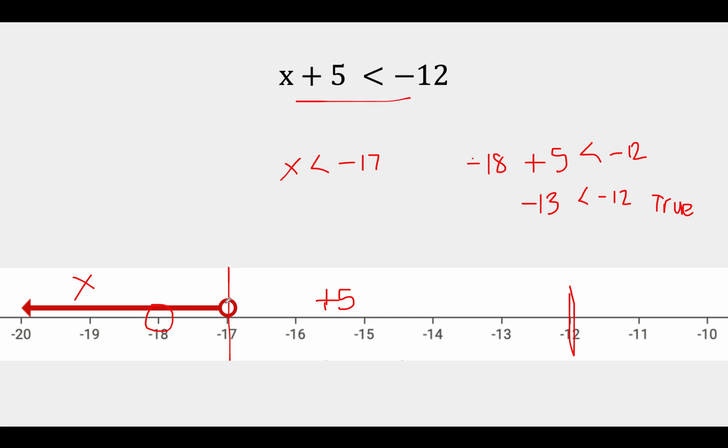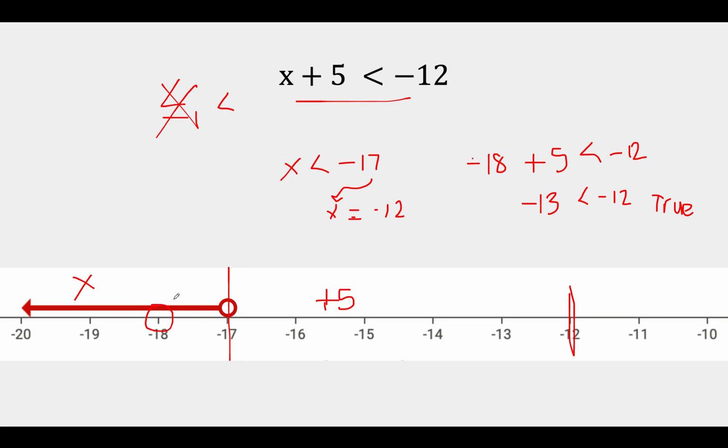Now, be careful, if you plug in negative 17, you're going to get negative 12 if you plug negative 17 in right here. But our symbol does not say less than or equal to. Nope, it doesn't. It asks us for anything less than negative 12.